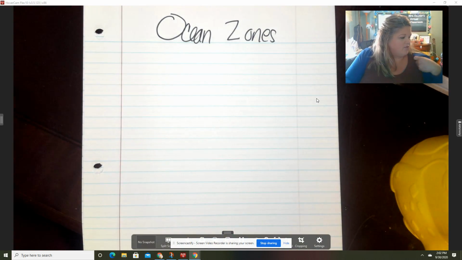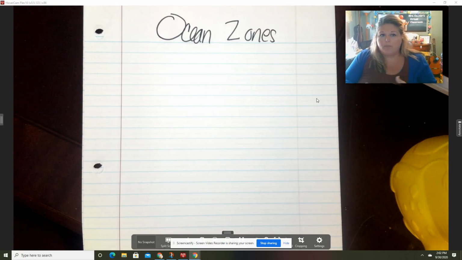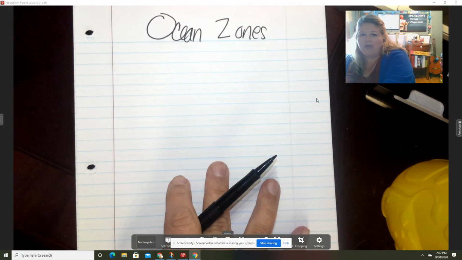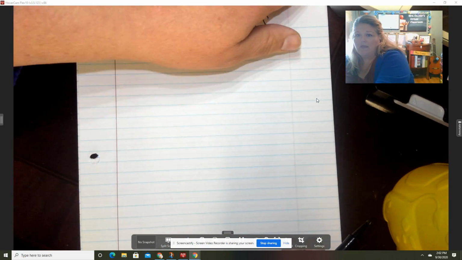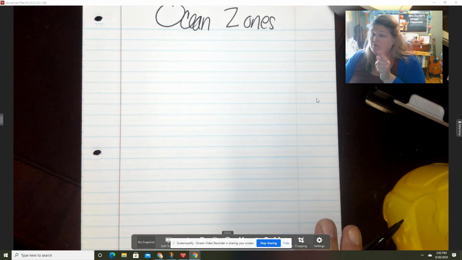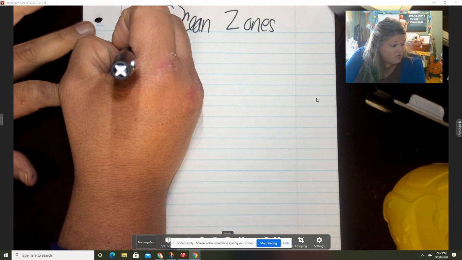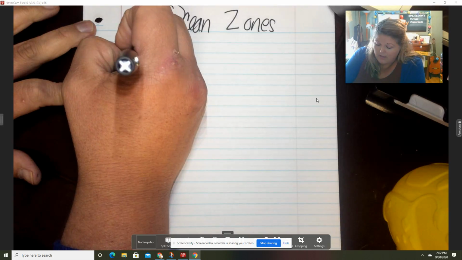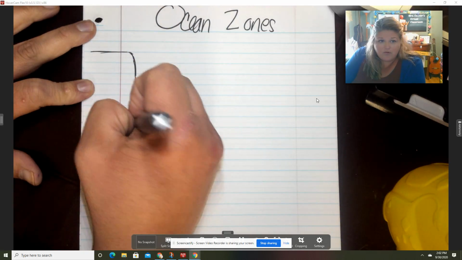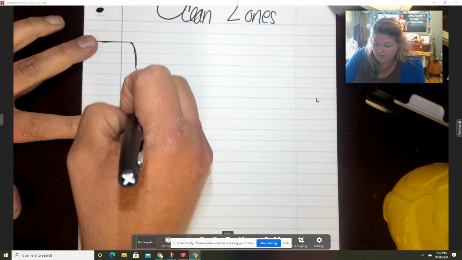Then I'm going to create an ocean floor, but I'm not going to make it as detailed as what we did Tuesday. So I'm going to come up here and make my continental shelf. Then I'm going to make my continental slope.